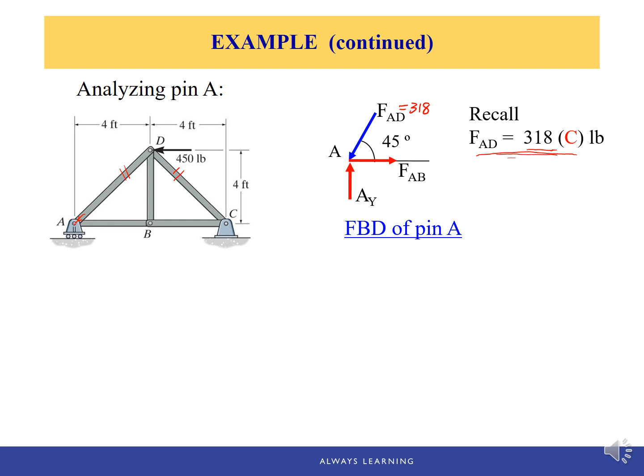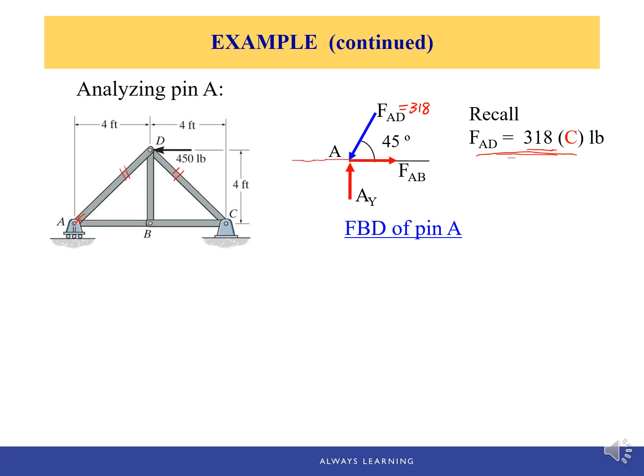And next, you need to put the reaction from FAB and the support reaction at pin A, which is AY, normal to the supporting surface.